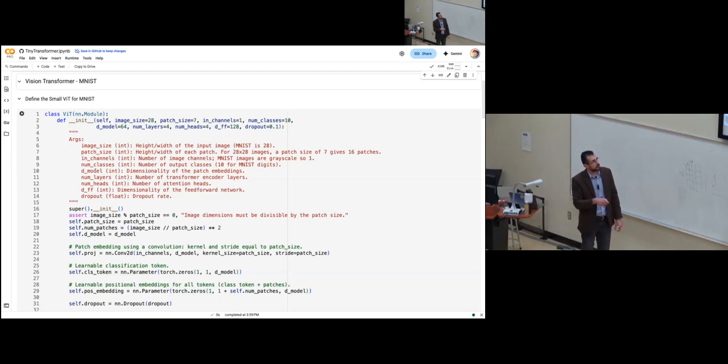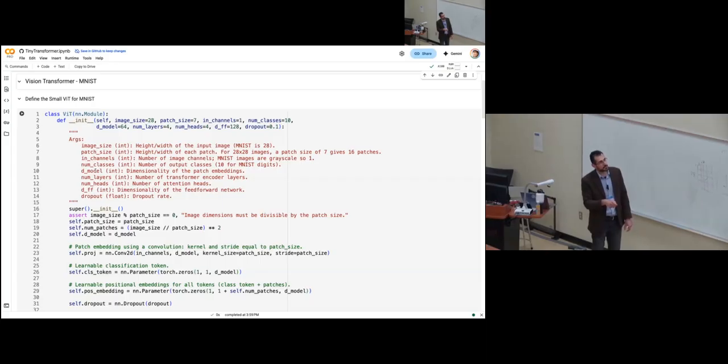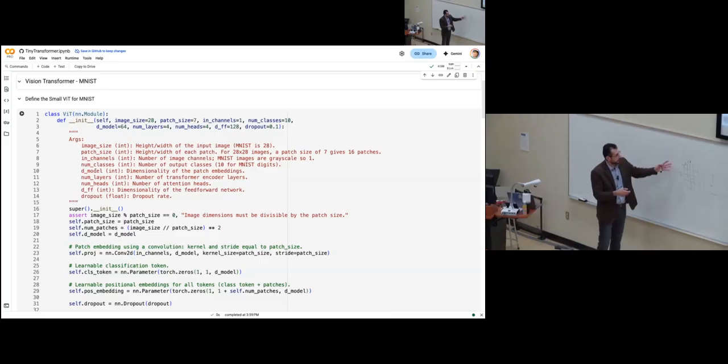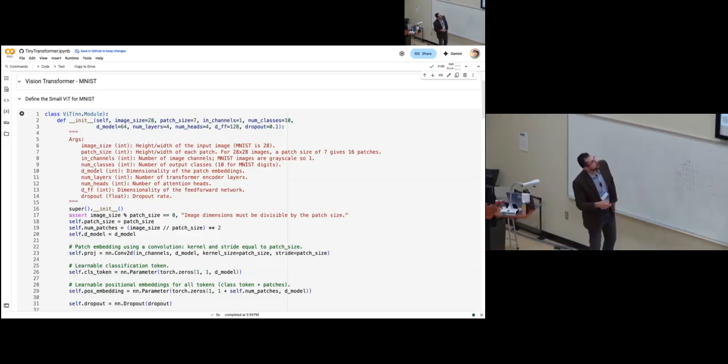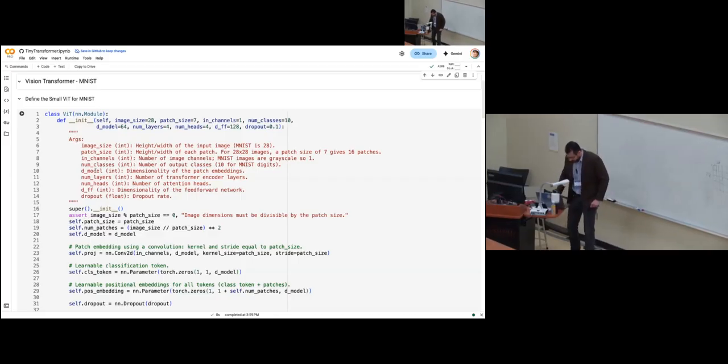We created a parameter of size 1 plus number of patches times D model. Why 1? Because you have this CLS token that's also added, and you need to have a different token for different position for that CLS token. And the number of patches is going to be 16. Okay. Great. So we have dropout.